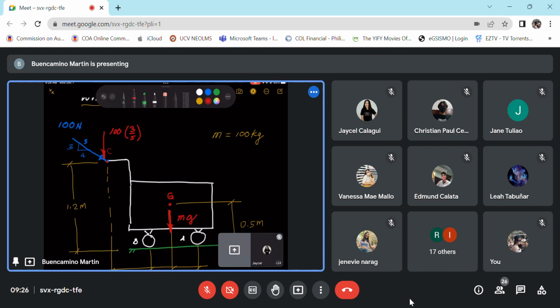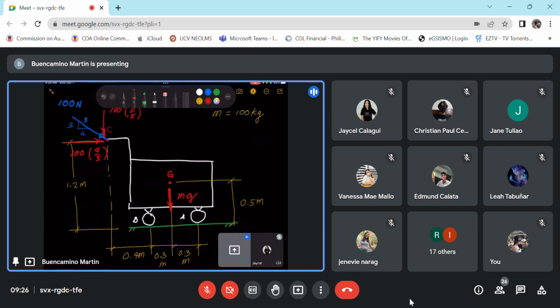At yung X component naman niya would be 100 times 4 all over 5. Okay, ratio and proportion yan, ano? And then may reaction din dito.